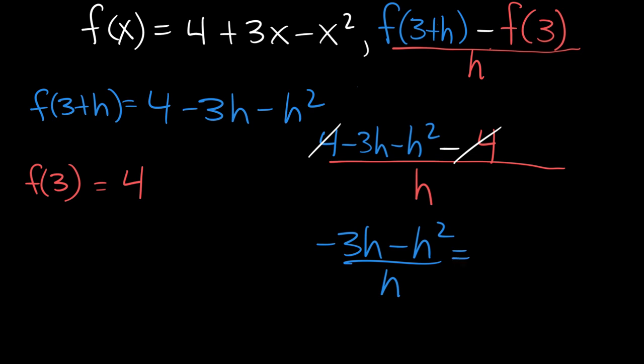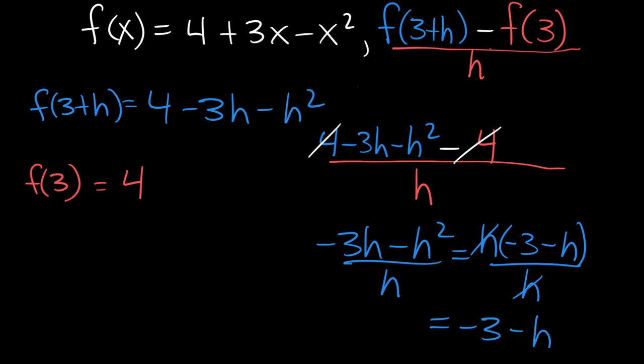So what we're left with is negative 3 minus h, all over h, and the h's can cancel. And we're left with a final answer of negative 3 minus h. There's one of them.